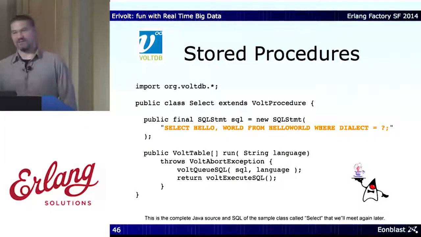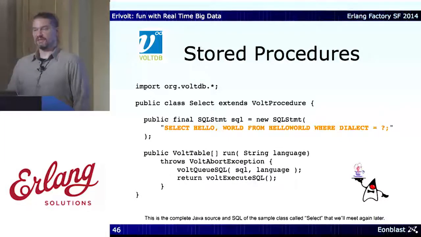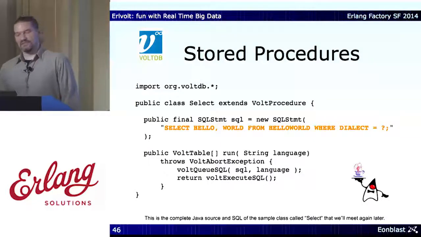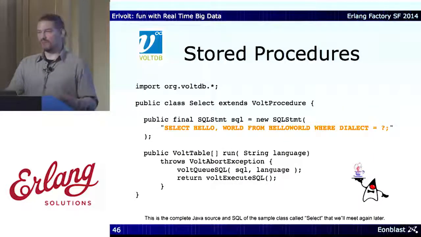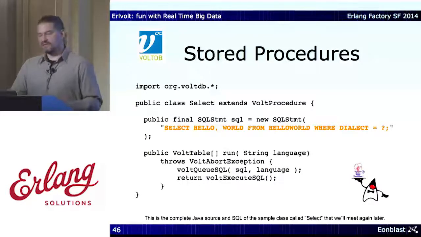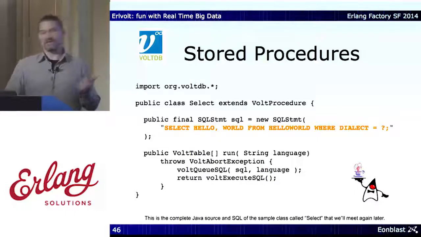It's not very much. It's also pretty simple. And the reason's obvious. In the end, they are using these procedures and compiling them into the server. You can also shoot ad hoc queries and bypass this, but to really have high speed and high velocity, you would have to know what queries you will need and formulate them like this in a Java class and then compile them into the server.